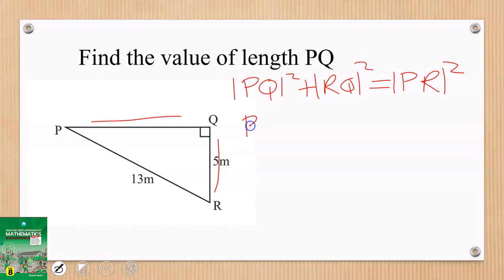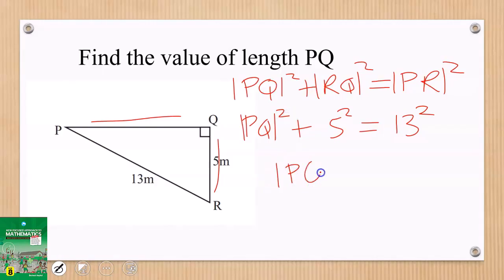Now, I'm making PQ the subject because that's what I want. RQ has been given as 5, so 5 squared, and PR is 13, so 13 squared. So my PQ squared should be equal to 13 squared, which is 169, minus 25.